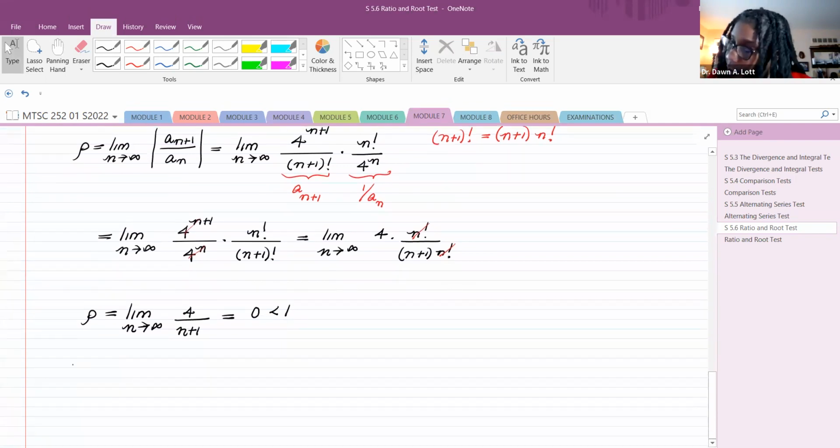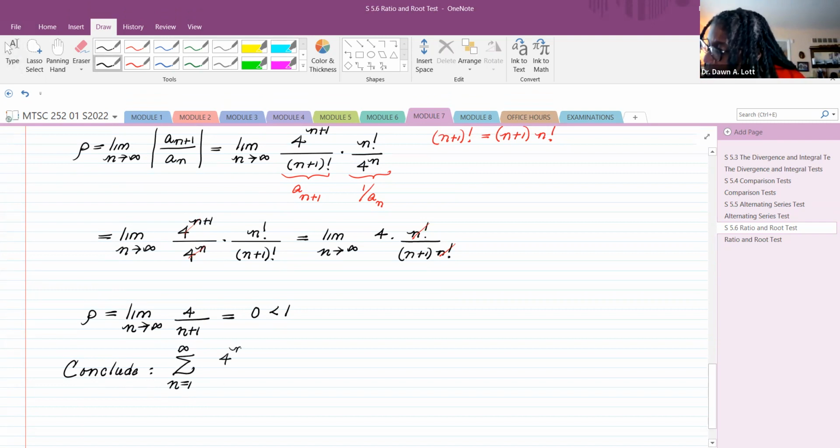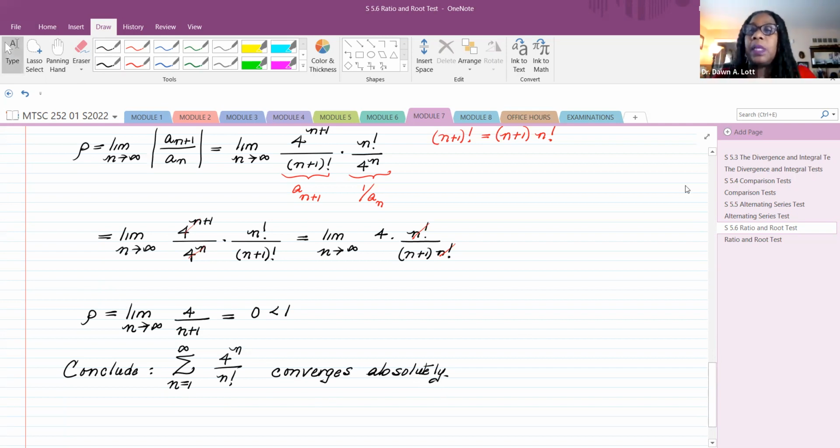So we can conclude that the sum from n equals 1 to infinity of 4 to the n over n factorial converges absolutely. Okay. Any questions about that?